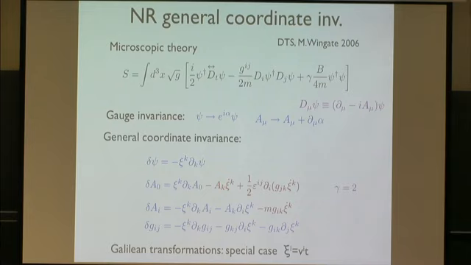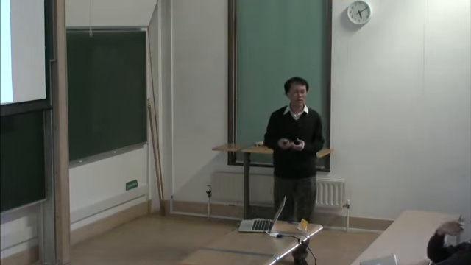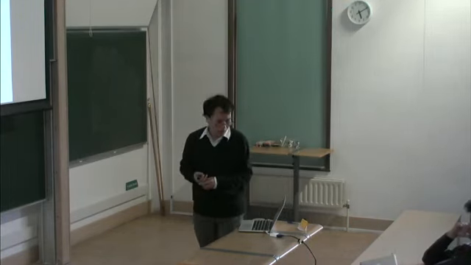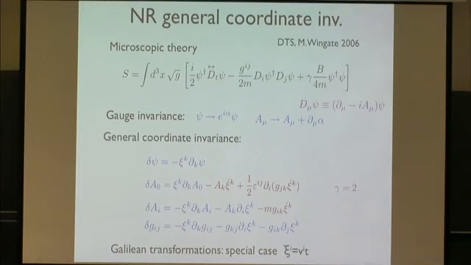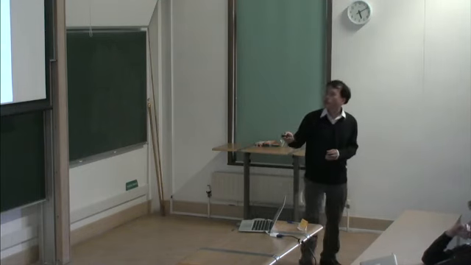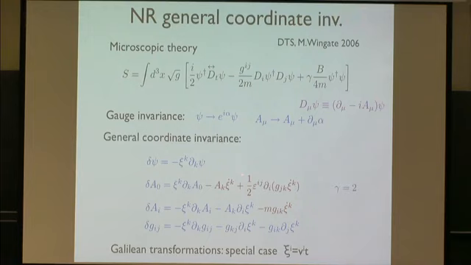What is interesting about these transformation laws is that we have a mixing between the gauge field and the metric. For example, in the transformation of A_i there is the metric G_ij, and the same in the transformation properties of A_0. Here I'm writing this for one particular value of the g factor, equal to 2, which turned out to be the theoretically more interesting value. But in general there are gammas in those transformation laws: instead of 1/2, we have gamma over 4.